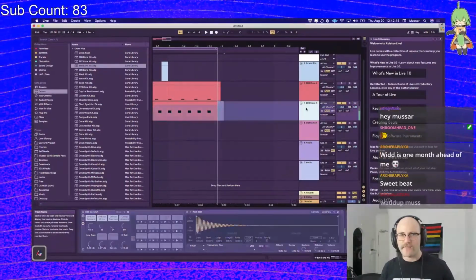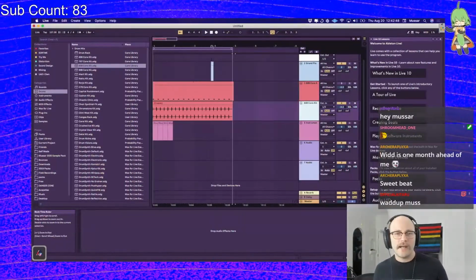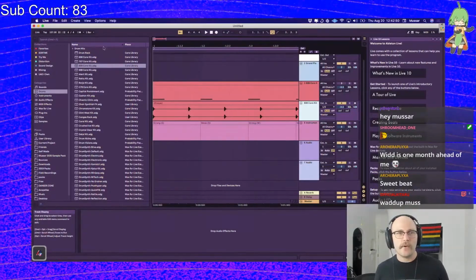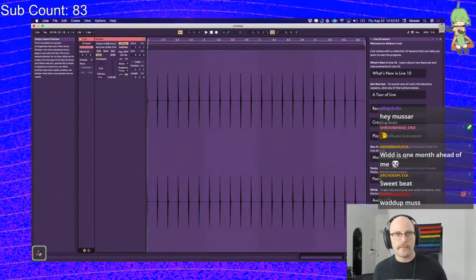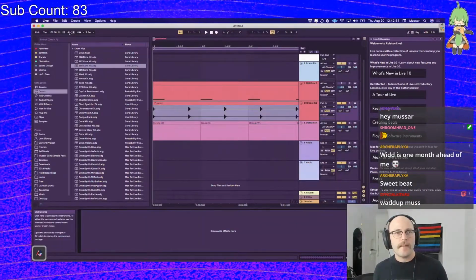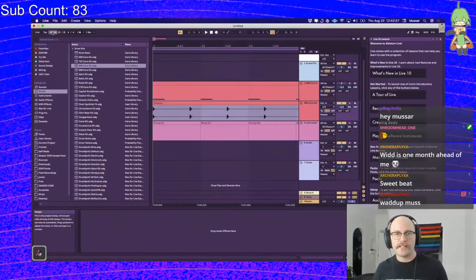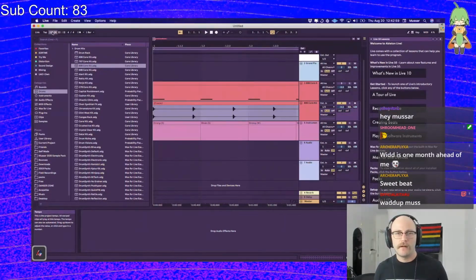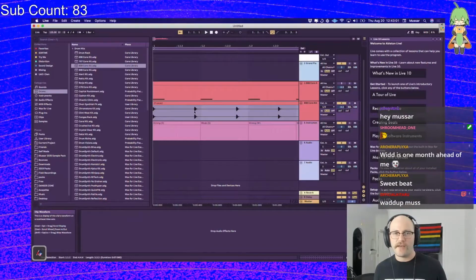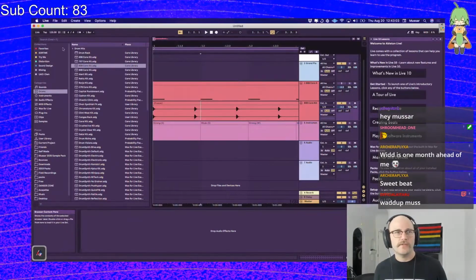What happens if I freeze and flatten this? Now, I'm going to make sure this is not warped, and I'm just going to slowly increase the tempo until this clave right here lands right here.